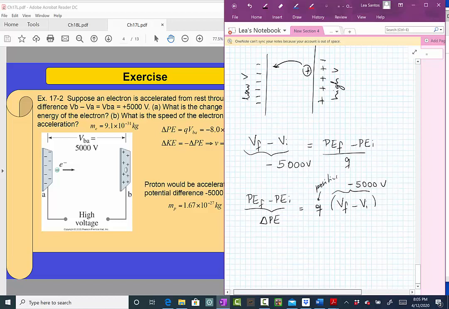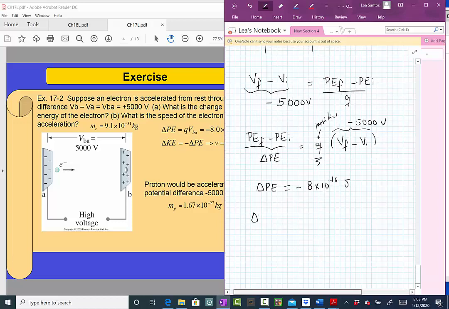This will give us again the same value that we had before for the potential energy. The change in potential energy will be a negative value because we are losing potential energy: 8 × 10 to the minus 16 joules, because the charge of the proton is the same as the charge of the electron. Where is this energy going to? The kinetic energy. So the kinetic energy will be positive.